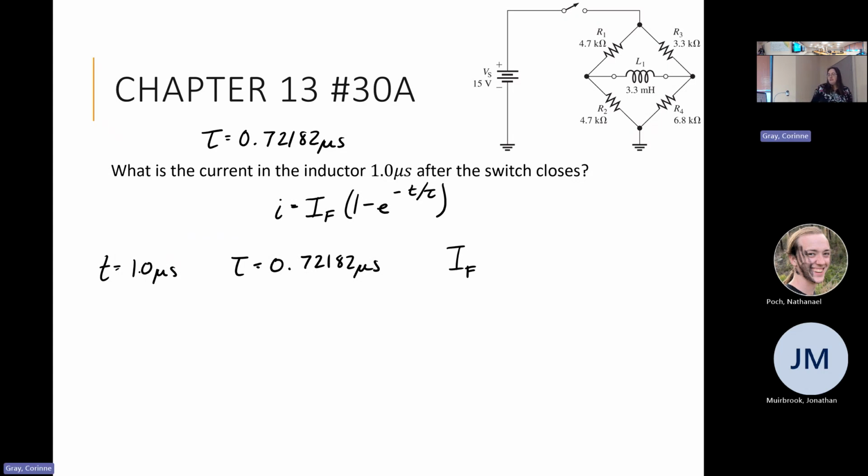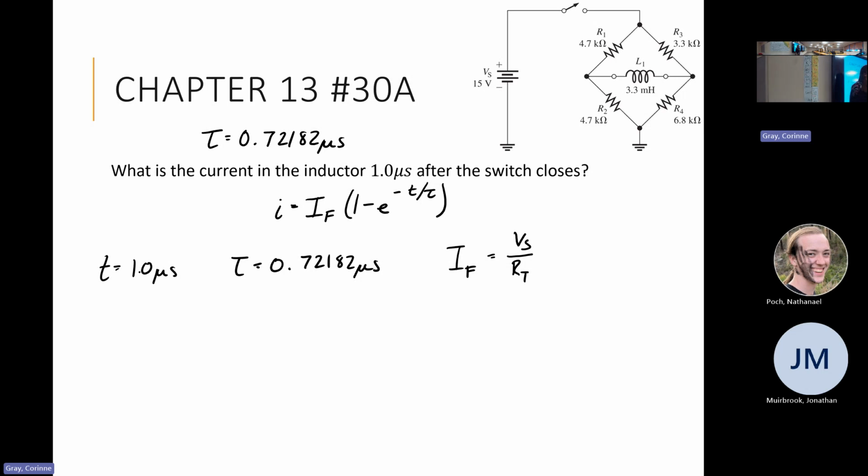You just take your source voltage and the total resistance, and figure out what the current is, it's coming from the battery. So if we're looking for the final value, this is where our inductor acts like a short. If this is a short, that's just the nice ideal wire here.